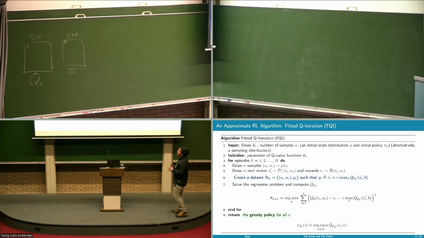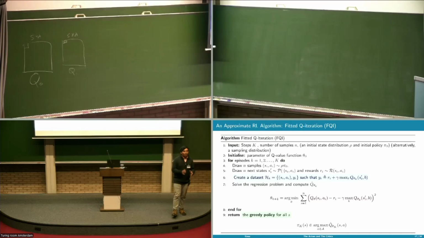You generate lots of independent samples of that. But your regression problem was not on that data set. It was a bit more than that, creating these yi's. So yi's are ri plus gamma times the maximum of the q value, where I use the previous estimate of the q function to compute this maximum for each s prime and b. This y and the s comma a together create your data set.